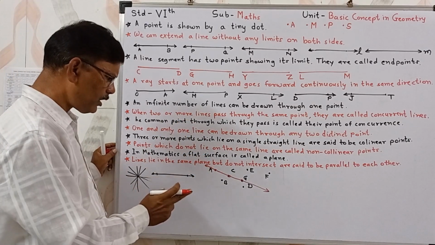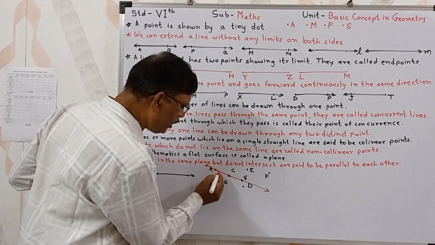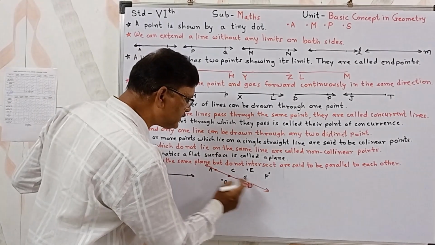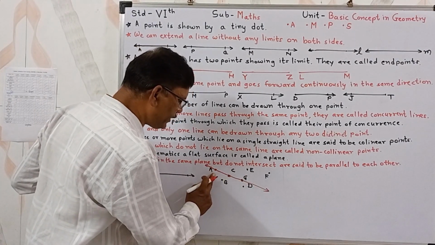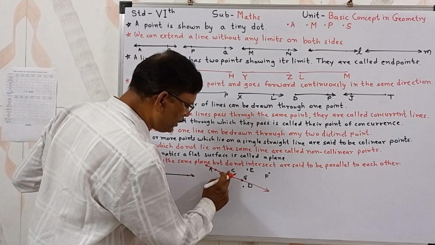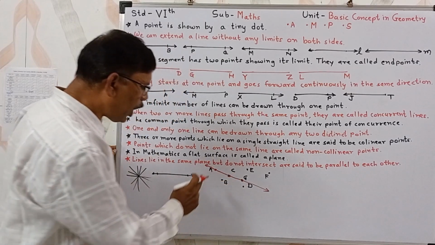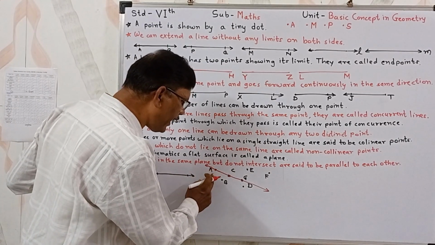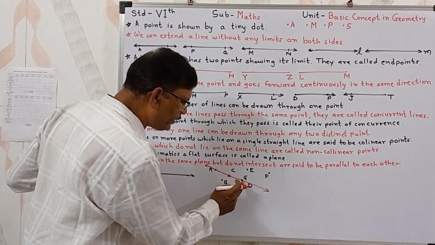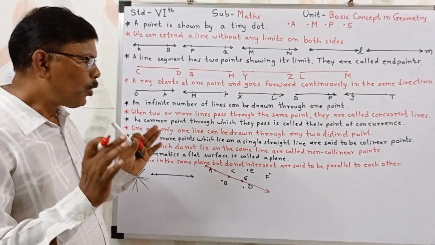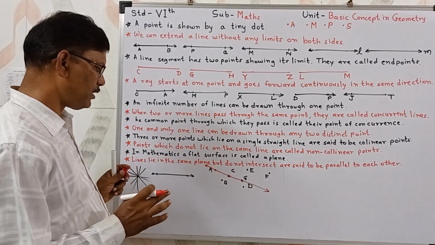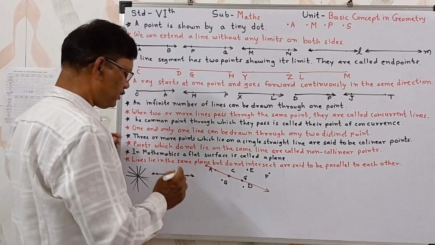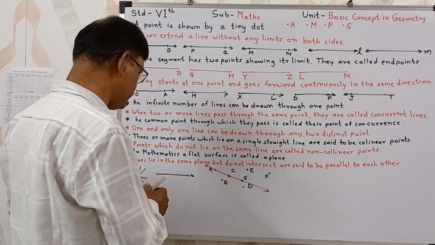Listen, when 3 or more points lie on the same line, here point A, point C and point G lie on this same line. So these points A, C and G are called collinear points. Understood?